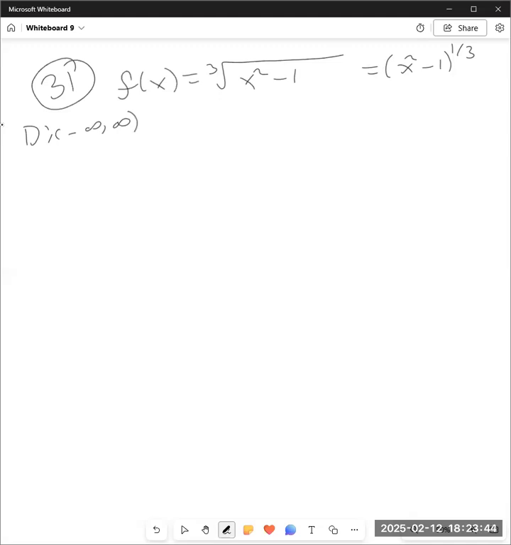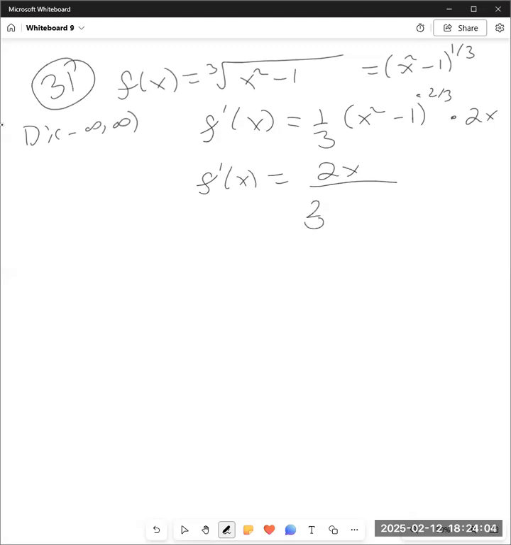And then we're going to get the first derivative here. F prime of x is going to be 1/3 of (x squared minus 1) to the negative 2/3 power times 2x. So that means f prime of x is equal to 2x over 3 times the cube root of (x squared minus 1) quantity squared.